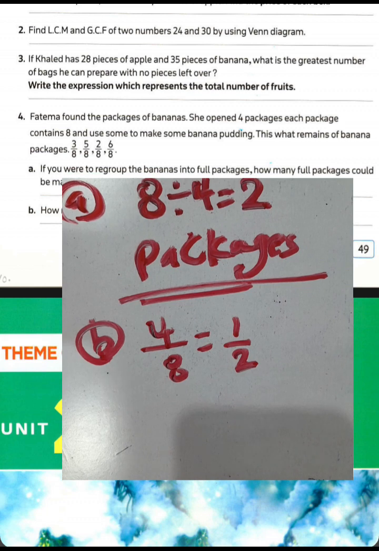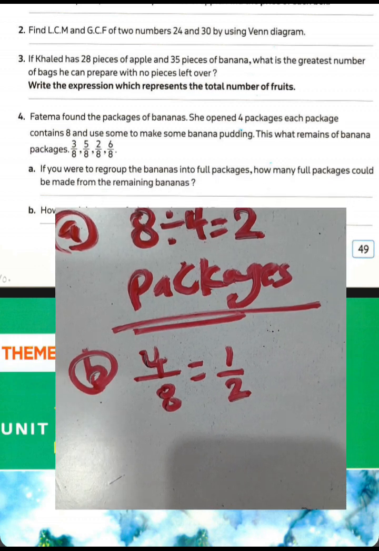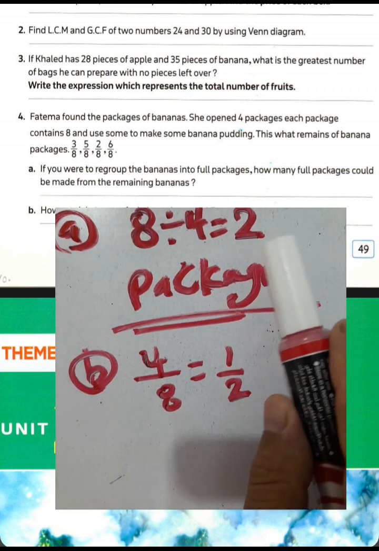Then she must divide 8 by 4. 8 divided by 4 equals 2, to find the number of packages of banana.